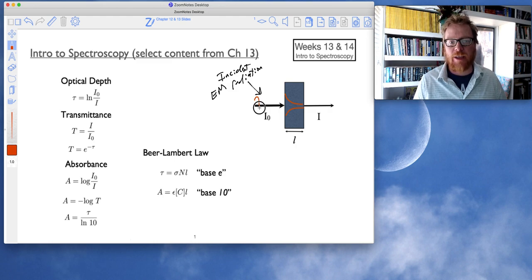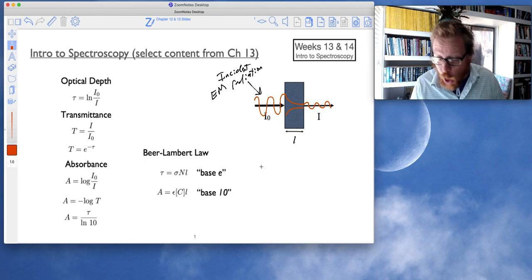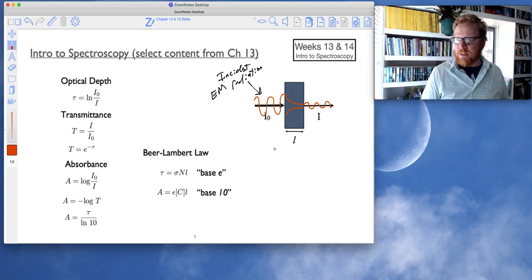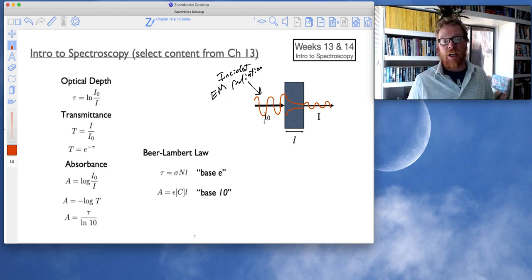If we imagine looking at this as a wave coming through, we will see this exponential decay of light intensity. If the optical depth is sufficiently small, then light will make it out of the other side. If the optical depth is sufficiently large, then all of that incident radiation has been absorbed and we won't detect any.